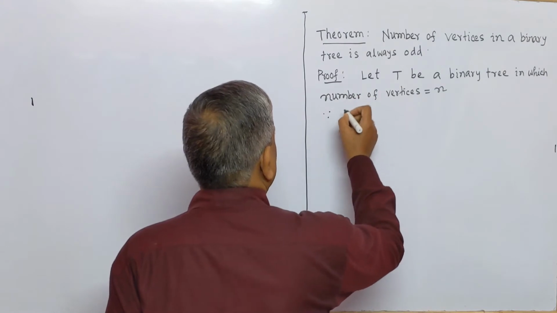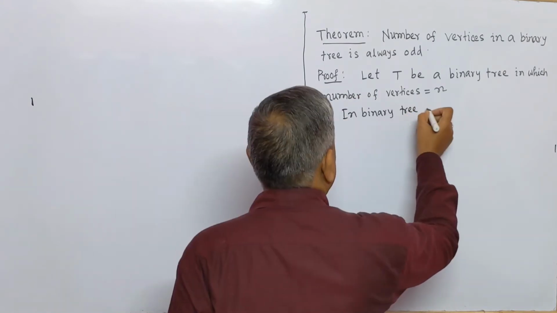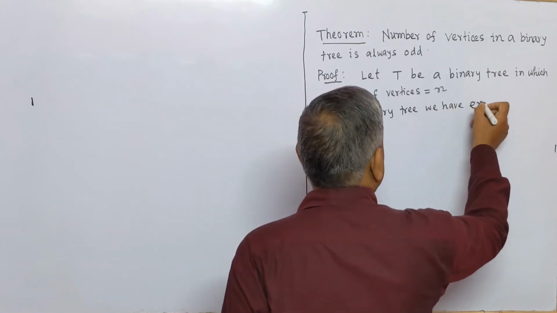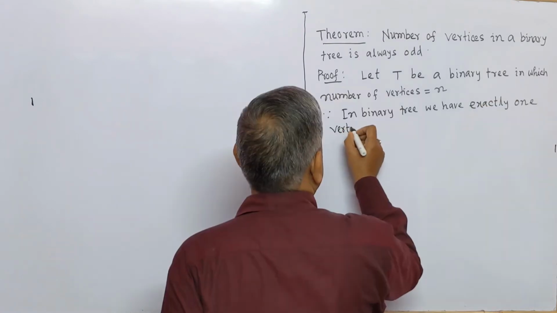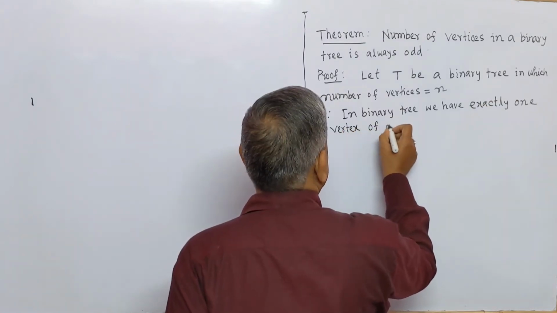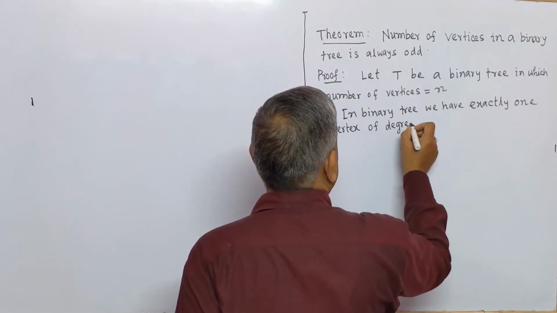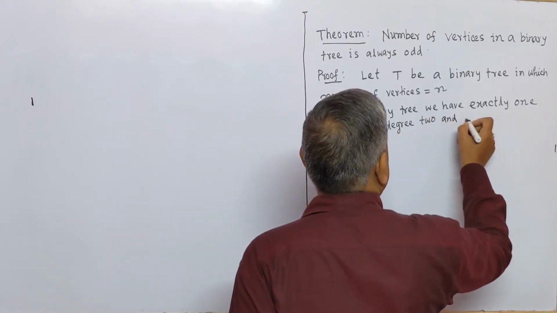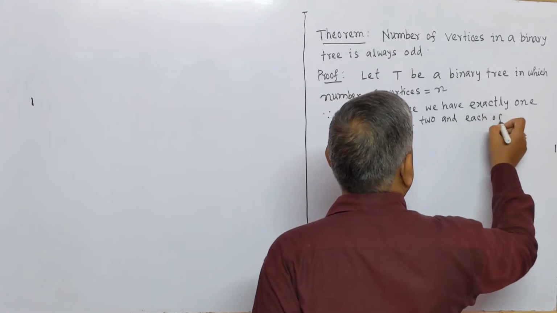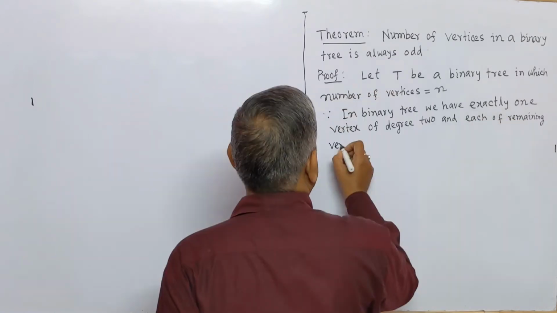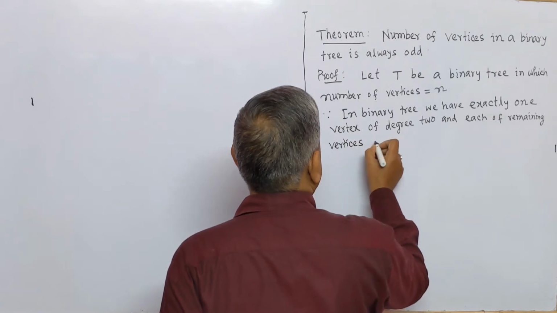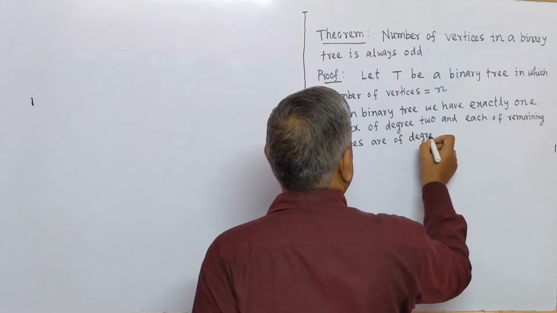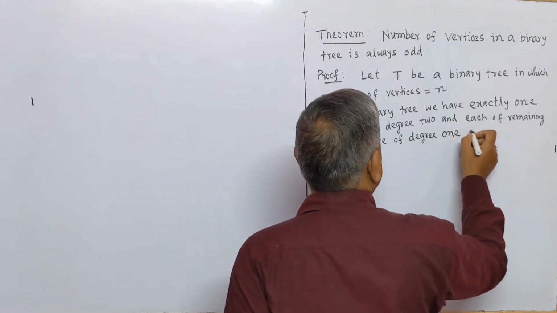Since in a binary tree we have exactly one vertex of degree 2, and each of the remaining vertices is of degree 1 or 3.